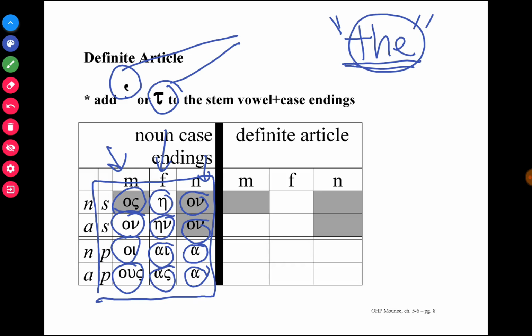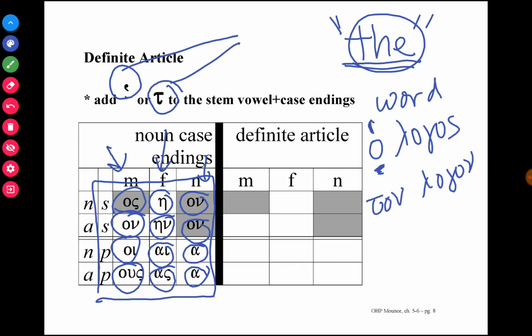But in Greek, that is not the case. If you use a word, like logos, as the subject of the sentence, it's going to want a nominative singular article, ho logos, that's the word. And it will use a different article, ton logon, if I use it as a direct object. So if I say I spoke the word, I can't use the same article as I would use for the subject.